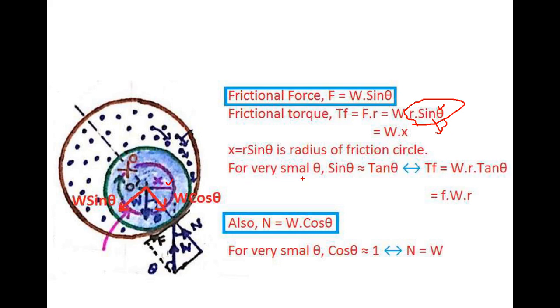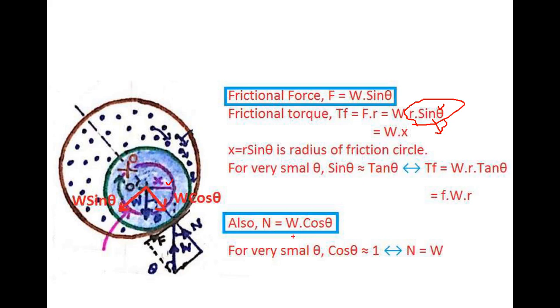Now again, for very small theta, sin theta will be equivalent to tan theta. So Tf can be written as W R tan theta, and this tan theta can be replaced by the coefficient of friction f, so f W R. Now this component of force, W cos theta, will be equal to the normal reaction N. So N will be equal to W cos theta. For a very small value of theta, cos theta can be written equal to 1.